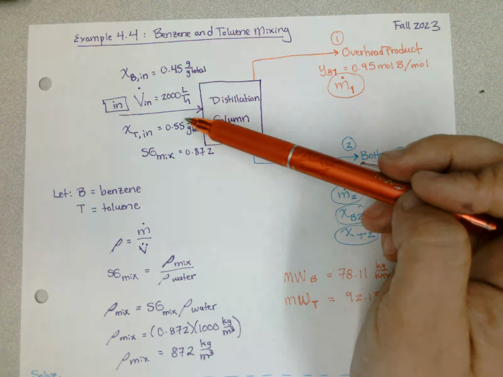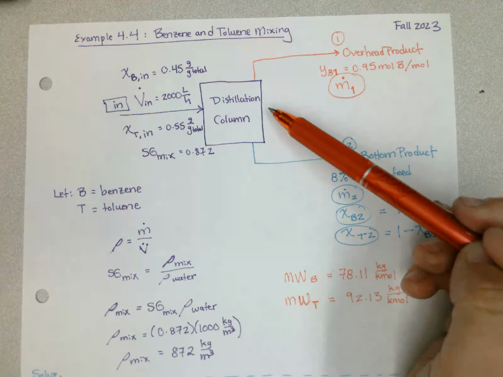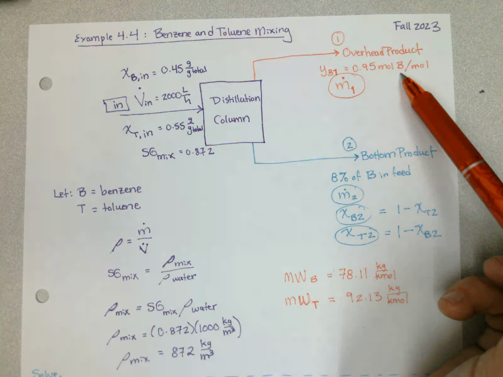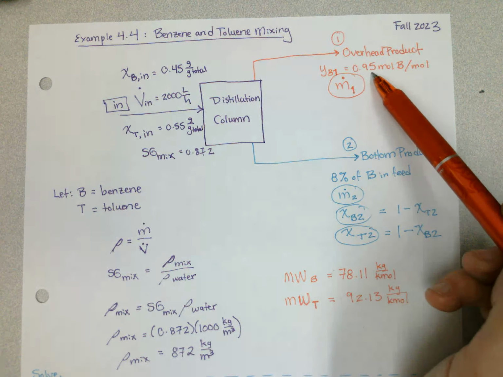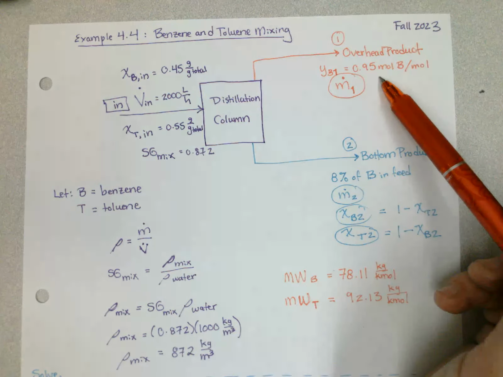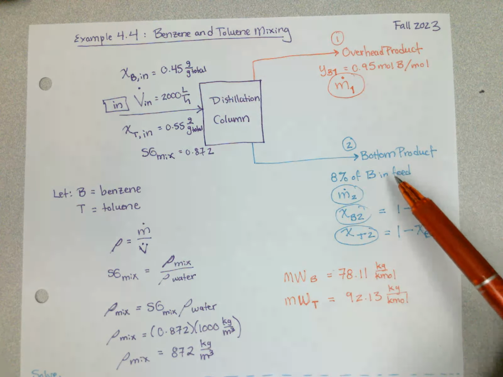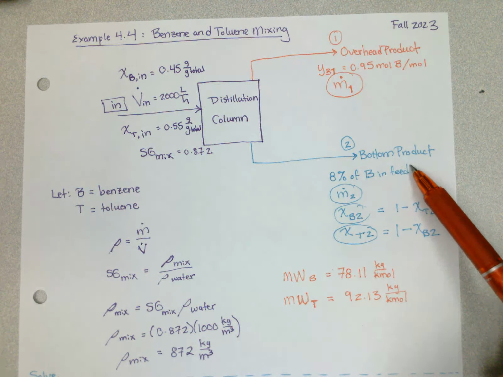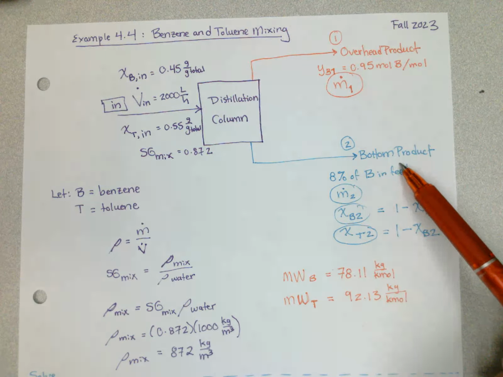It's pretty half and half right here. And the idea with the distillation column is that the overhead product pulls out one of the components predominantly. So you can see there's 95% by mole of B. So the overhead product is mostly benzene. That means we're going to expect this bottom product to be mostly toluene. We're trying to separate the two out.